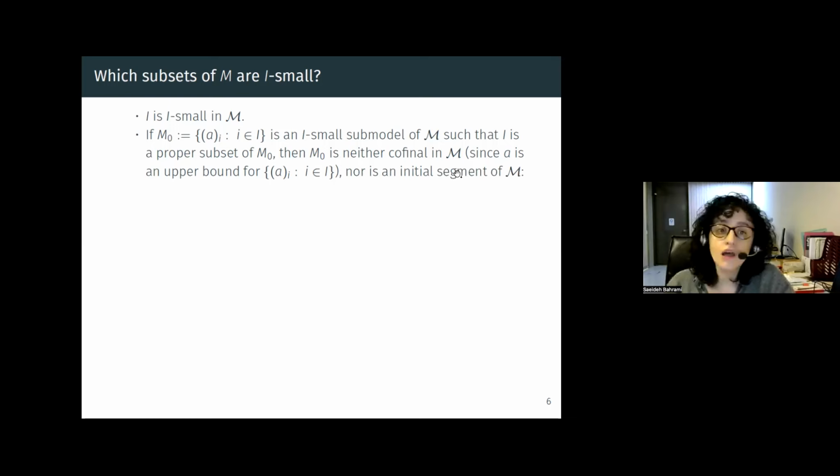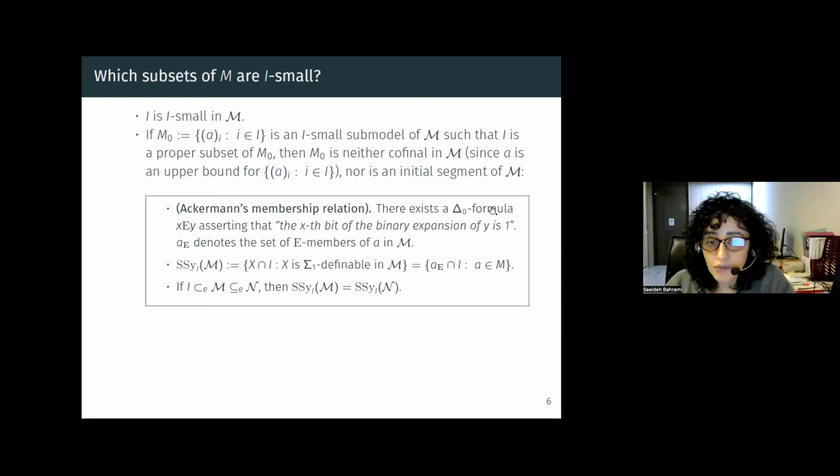Moreover, M0 cannot be an initial segment of M, because when we are working in a model of Sigma 1, we are facilitated with Ackermann's membership relation. Here, Ackermann membership relation, which is denoted by this formula E, which is a delta zero formula, is very similar to the membership relation in models of set theory.